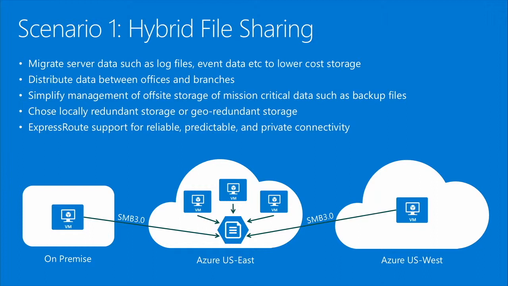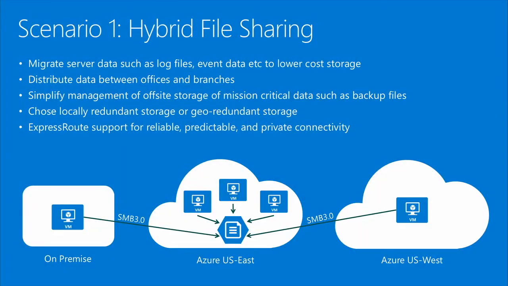In addition to file storage providing this capability, we've got an example of a partner later on, Talon, that's got an extremely sophisticated branch office replication technology that we'll demonstrate. Many organizations also have data sitting on-site that really should be getting backed up to off-premises data centers to ensure if something goes wrong in your own premises environment, you've got a backup of the data. And file storage is perfect for that.